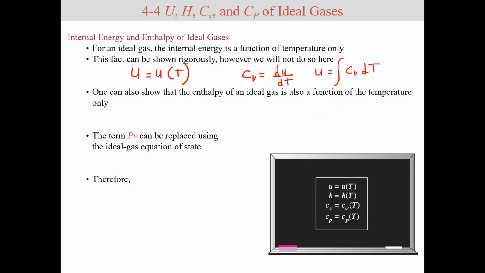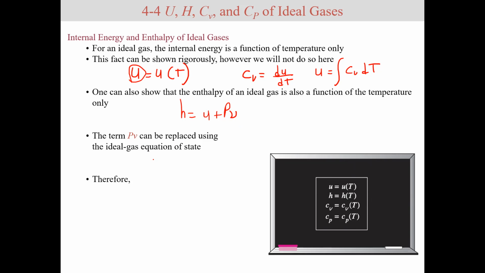I'm going to go ahead and show you that since internal energy is a function of temperature only, enthalpy is also a function of temperature only. Only for an ideal gas, though. Watch. Enthalpy is equal to internal energy plus pressure times specific volume.